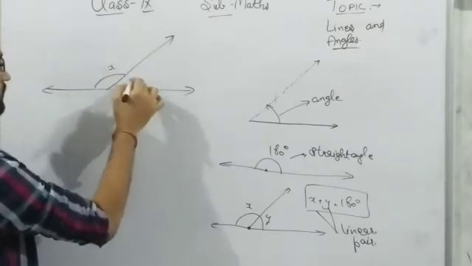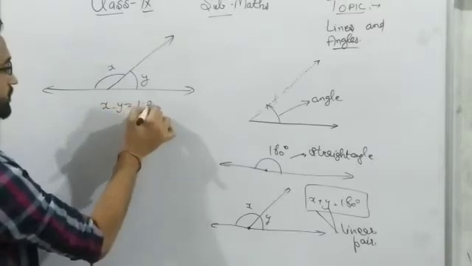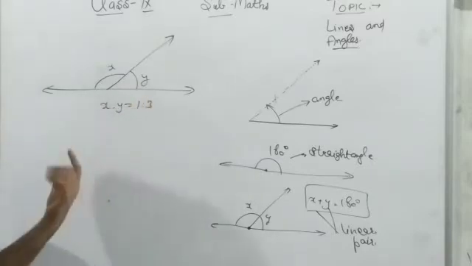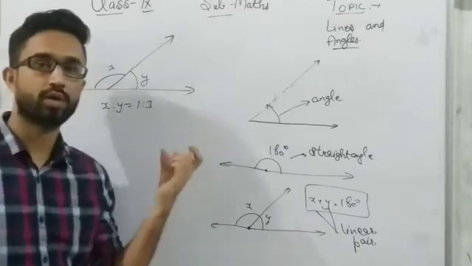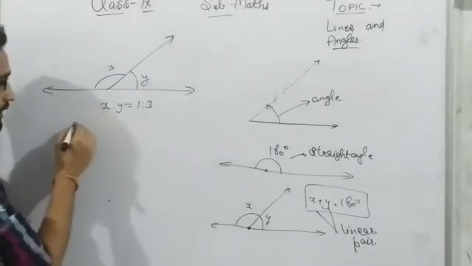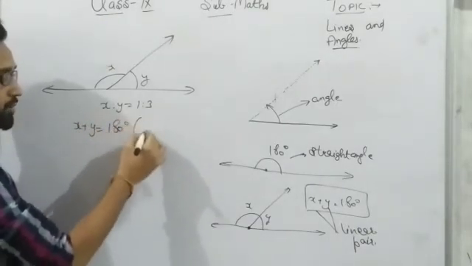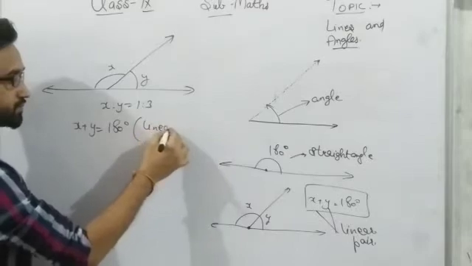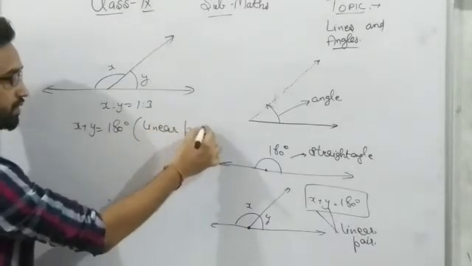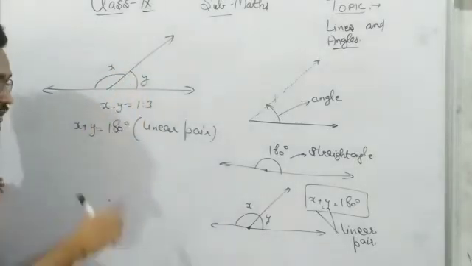Let's say this is our x, this is our y, and if x ratio y is given as 1:3, find x and y. Suppose this is given to us. How can we find it? I can say x plus y is 180 because this is a linear pair, or you can say this is a straight angle and the addition of both will give us 180 degree.